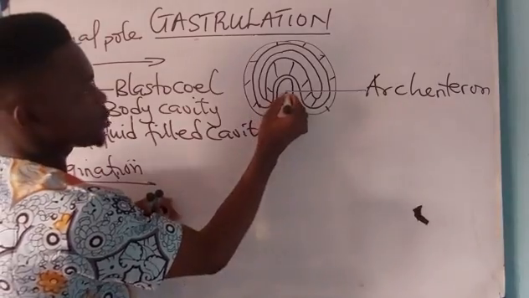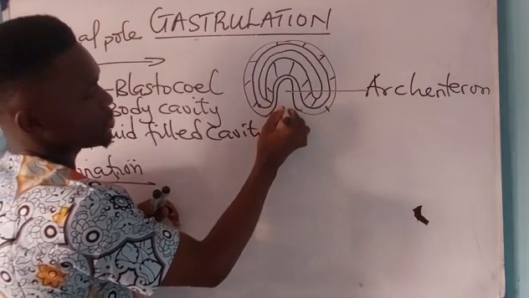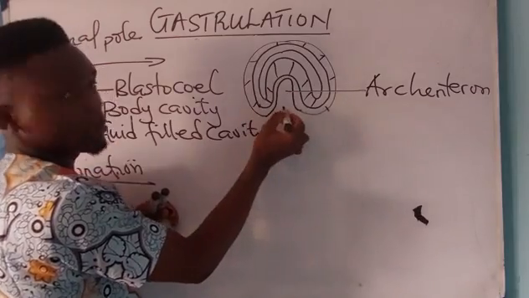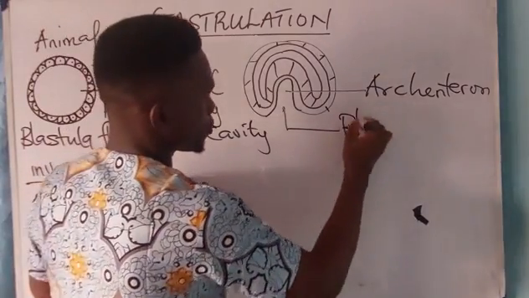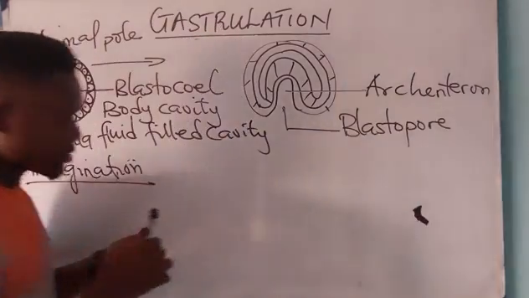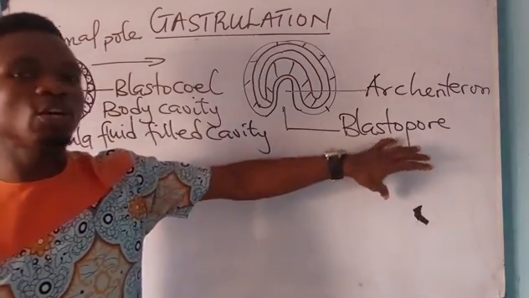Now, looking at what we have here, you see the entrance, the exterior part of the archenteron, that is the opening found in the archenteron. We call it what? The blastopore.